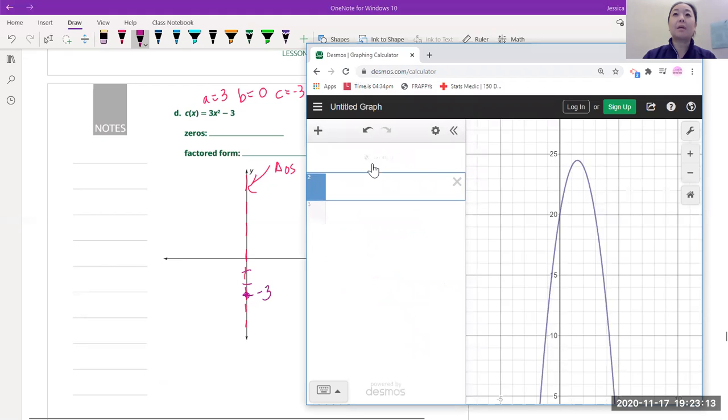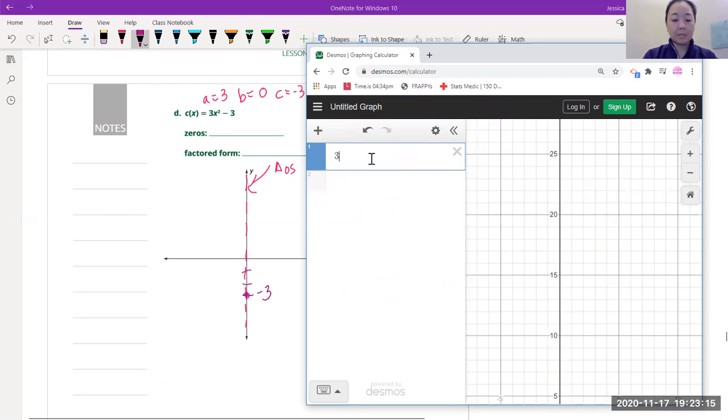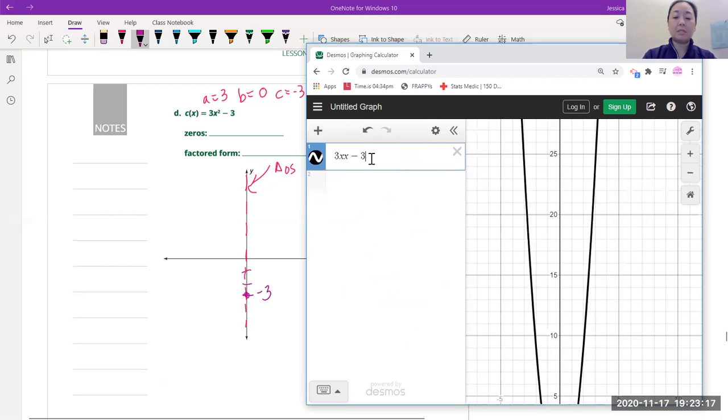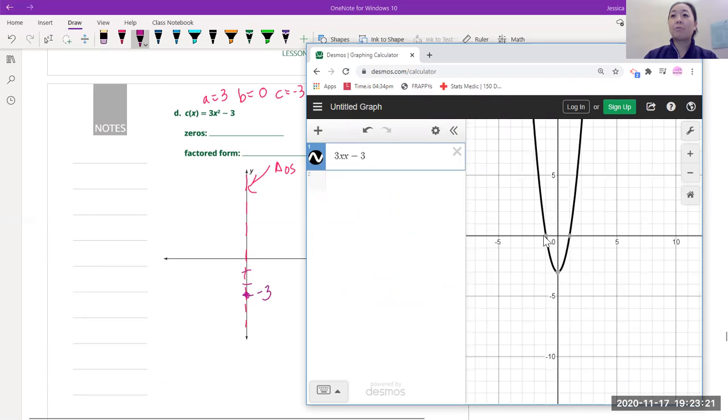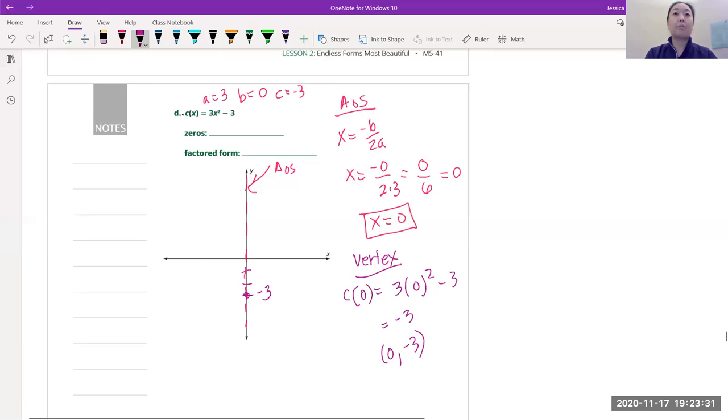So let's take our graph. X is out. Oop, X is out. And we're going to go 3x squared minus 3. And if you notice right here, let's go down here. Our roots are here at -1 and +1. Notice, just like how we said, our vertex is at -3, right? So -1 and +1. So we're going to write that down.